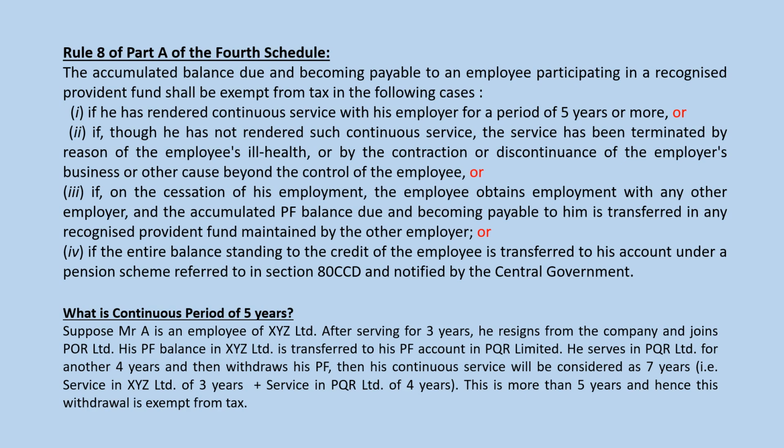Then his continuous service will be considered as 7 years. That is service of XYZ Limited of 3 years and service in PQR Limited of 4 years. So this is more than 5 years and hence this withdrawal is exempt from tax. So after he resigns from PQR Limited, if he withdraws the entire balance of PF, then it will be exempt from tax.